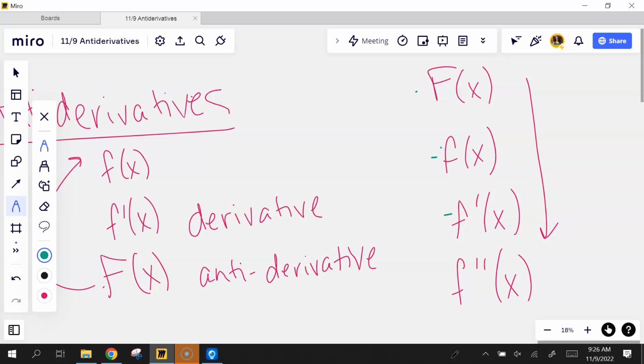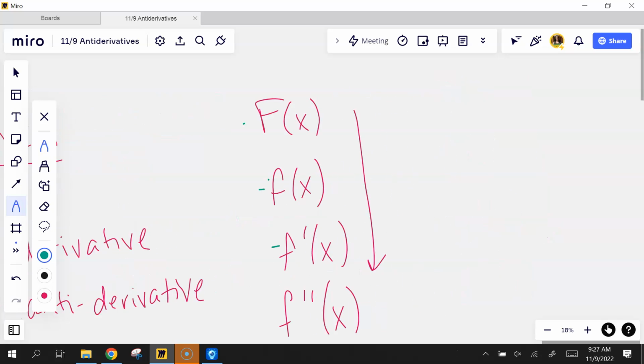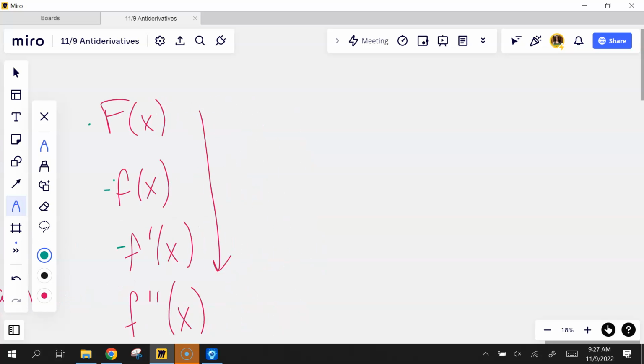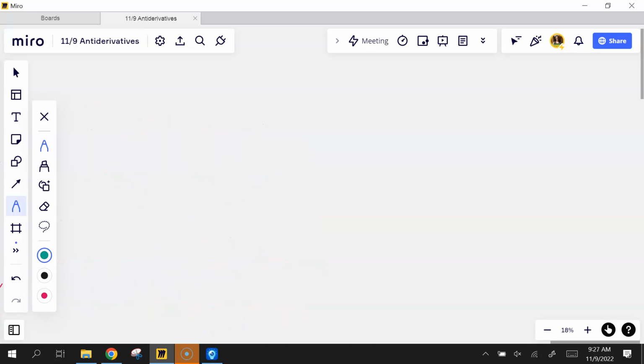Let's start easy. Let's just start with x. Give me a possible F of x here.